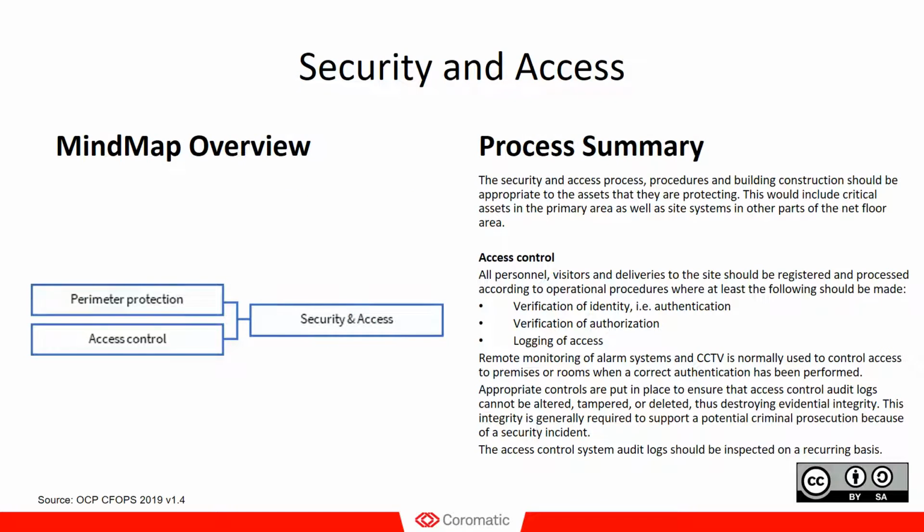The other part of the process is the access control. So if we have managed to have a good perimeter protection, which means that anyone that wants to gain access has to go through the access control points, the designated points, that means that they will have to be authenticated. That means the verification of the identity, and they also have to be verified that they are authorized to actually gain access. It's not good enough to know who you are.